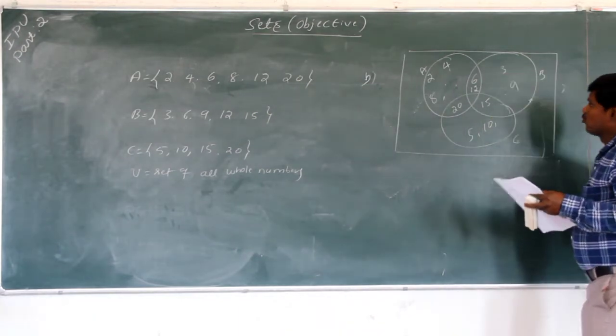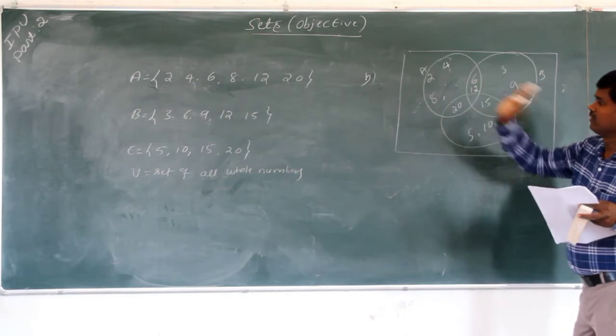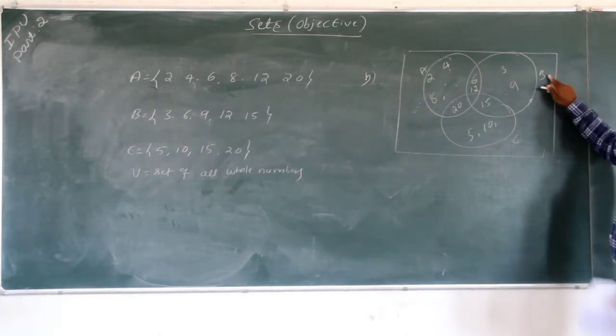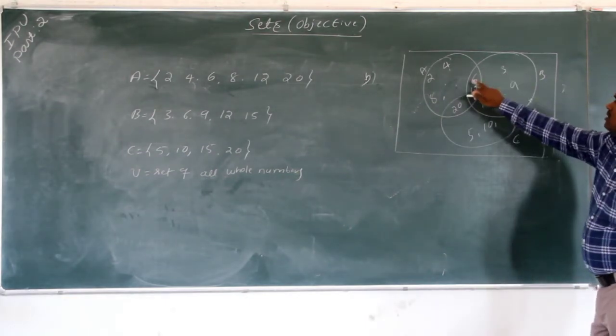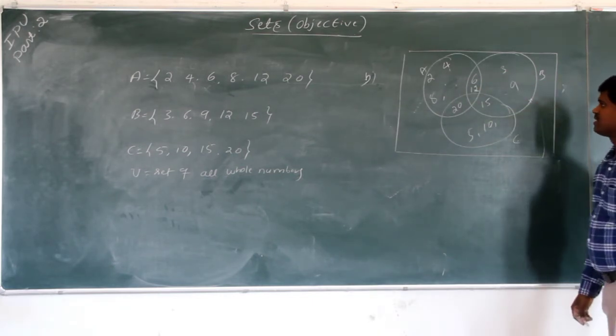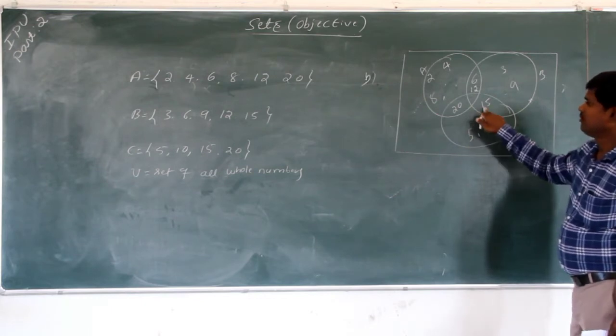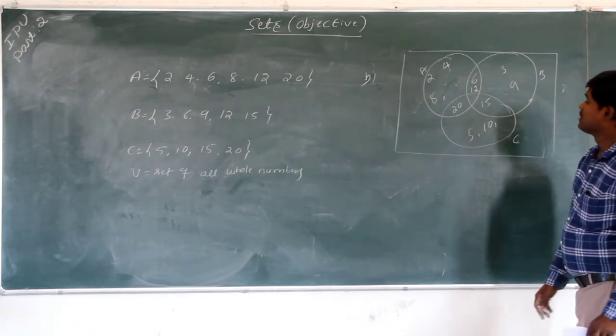Is it clear? Set A is right: 2, 4, 6, 8, 12, 20. And set B is 3, 6, 9, 12, 15. Set B is also right. And set C is 5, 10, 15, 20.